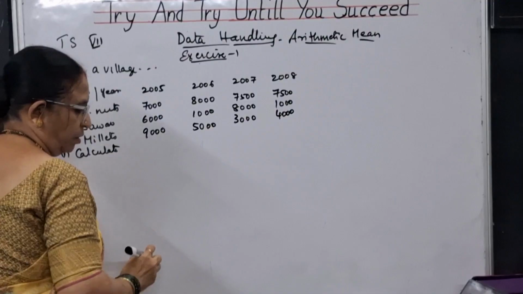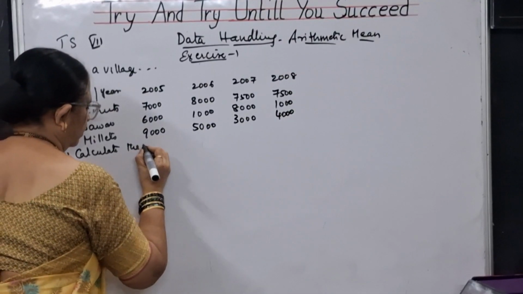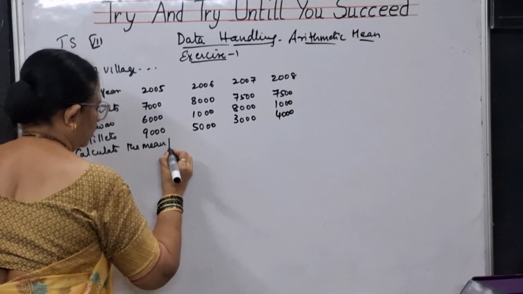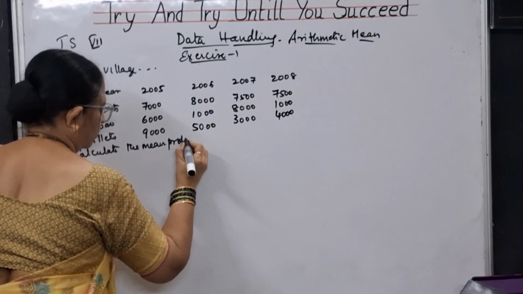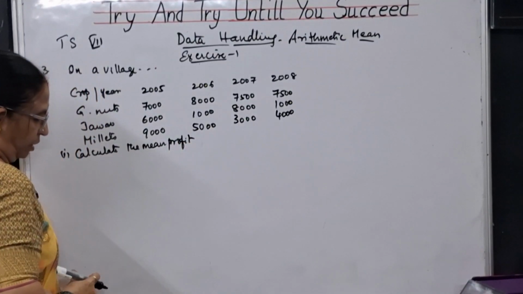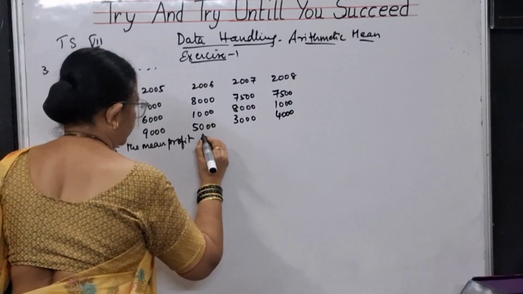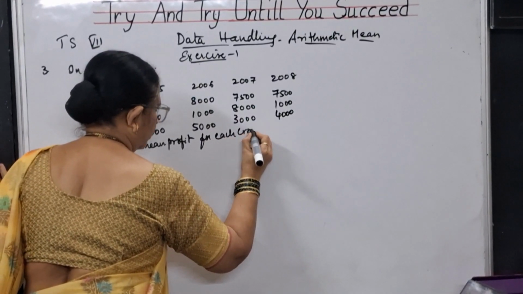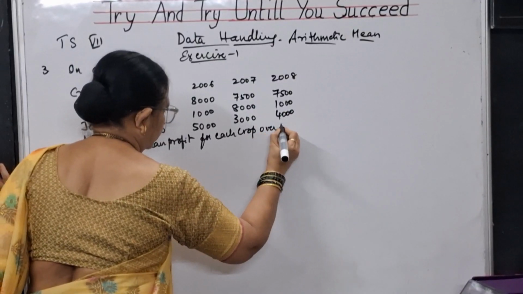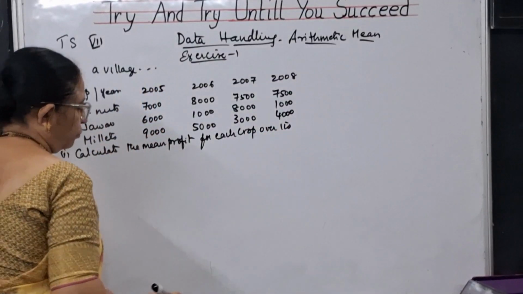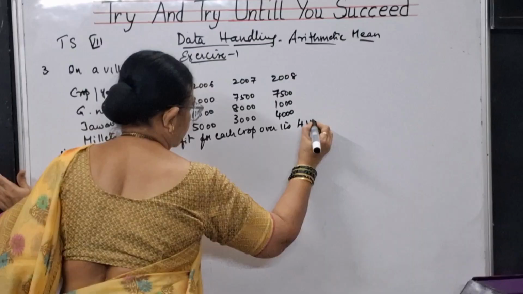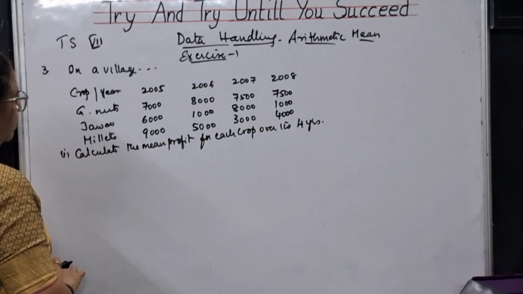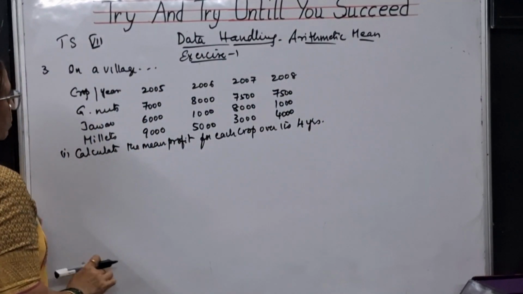Now the first one is to calculate the mean profit for each crop over the 4 years. So for each crop, you have to find the mean.